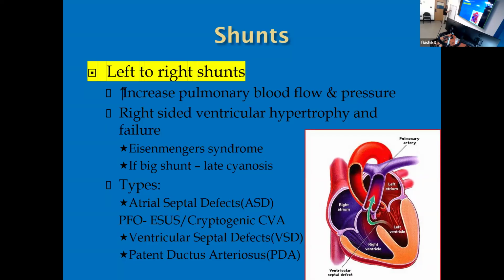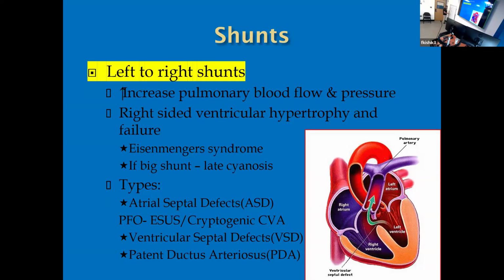If I have a heart with, let's say, a PFO, it could go from deox into ox, and then that's going to go into circulation and become cyanotic. But in order for this to be considered a right-sided shunt, the pressure would have to be very low. Follow? Because generally, which side of pressure is higher? Left side.